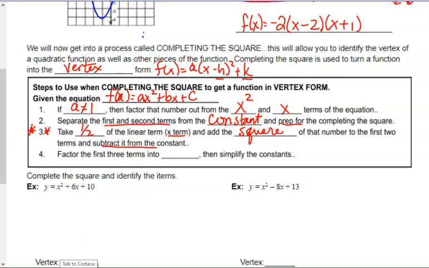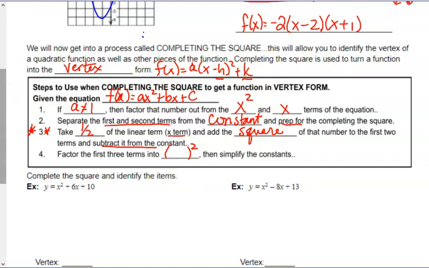We're just adding a number, subtracting it off, so technically that's 0. We're just changing the way it looks when we do that. And the last thing is to factor the first three terms into a quantity squared, then simplify the constants. And once we do that, we're going to get right back up here.